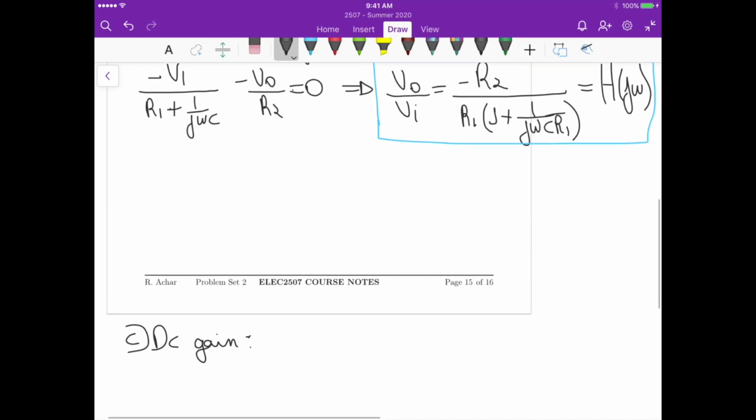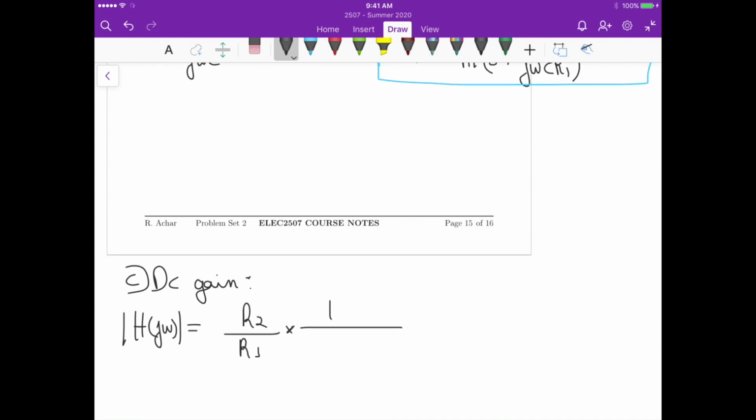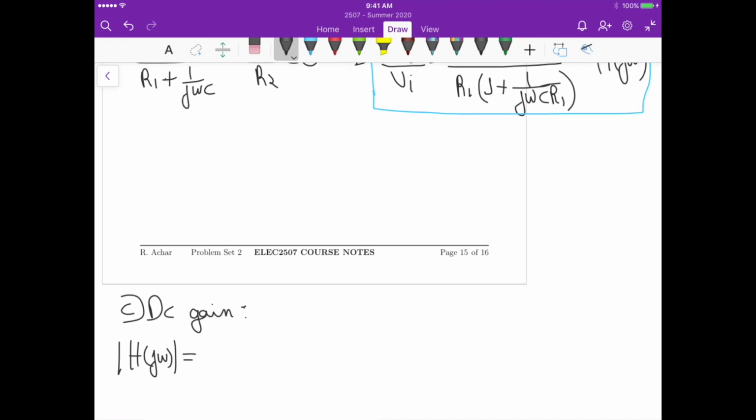So if we look at there, that means that the magnitude of the voltage transfer function is equal to R2 divided by R1 times 1 over... just to calculate the magnitude, let's simplify that equation by multiplying everything by j omega C. Okay, so if we multiply everything by j omega C, we get, taking off the magnitude here, a second way to write the same voltage transfer function: minus j omega C R2 divided by 1 plus j omega C R1.